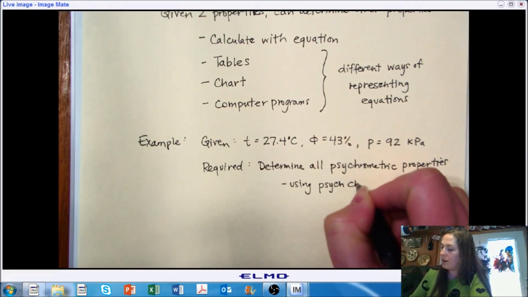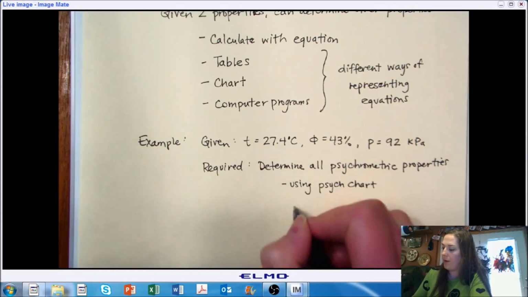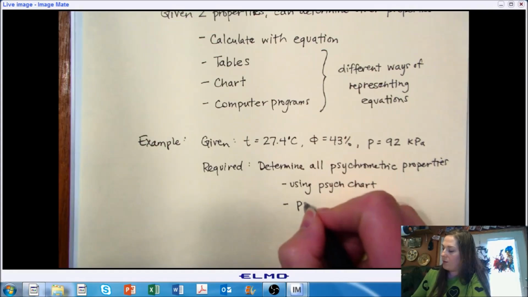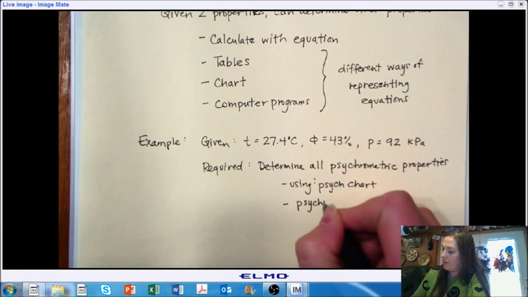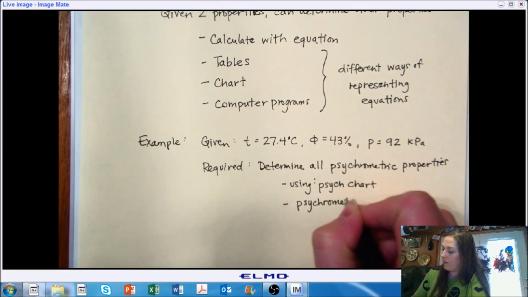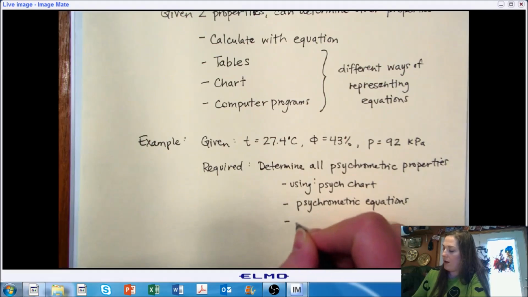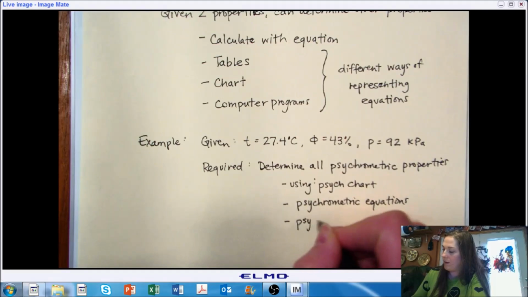Often this is called the psych chart, so we'll start abbreviating it occasionally. So the psych chart, using the psychrometric equations. We're going to calculate this by hand. And using a psychrometric calculator.